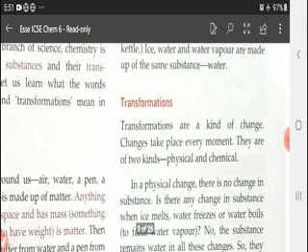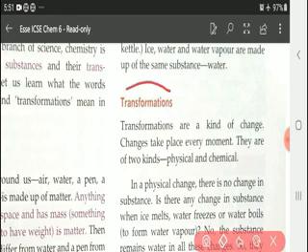So here we have the second word, transformations. Transformations are a kind of change. Changes take place every moment. There are two types of changes mainly, physical and chemical.